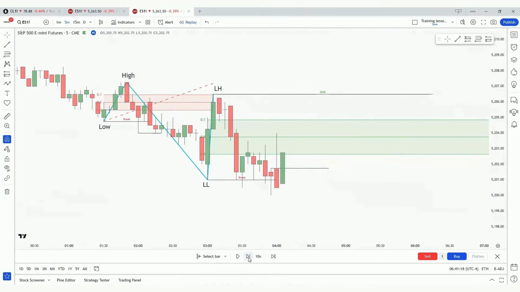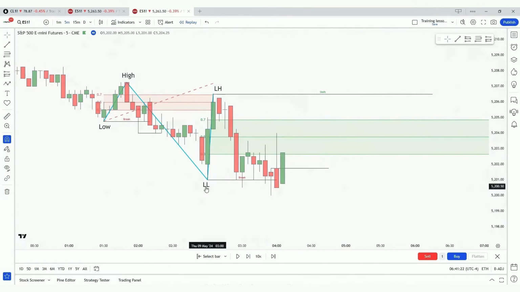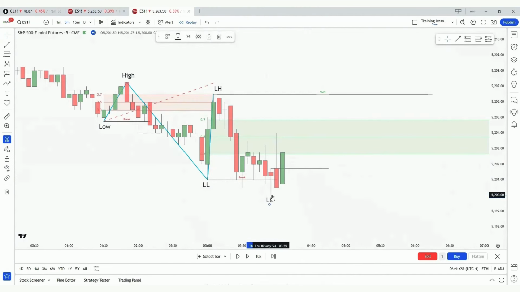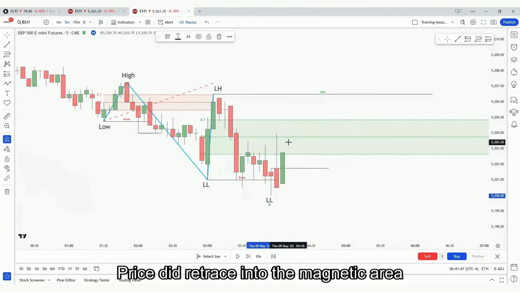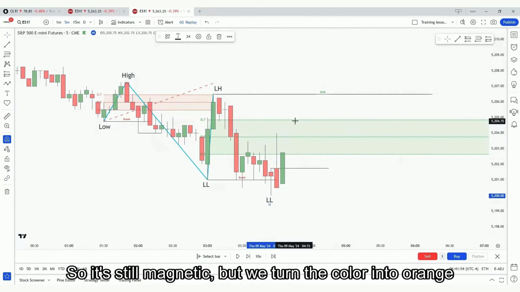And there it is. So at this point, we already established a new lower low. That's this point over here. Price did retrace into the magnetic area, but it didn't reach the 50% yet. So it's still magnetic, but we turn the color into orange.